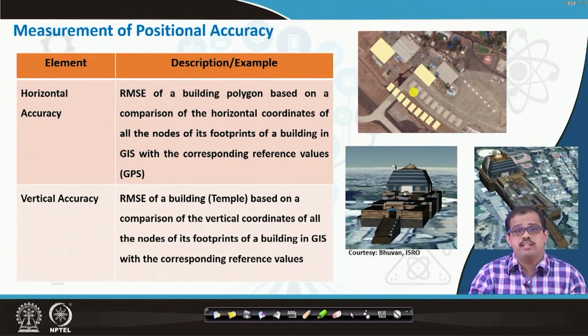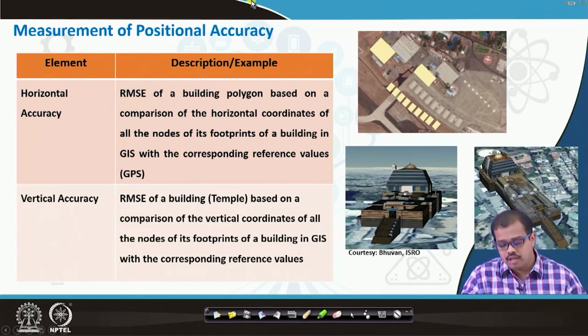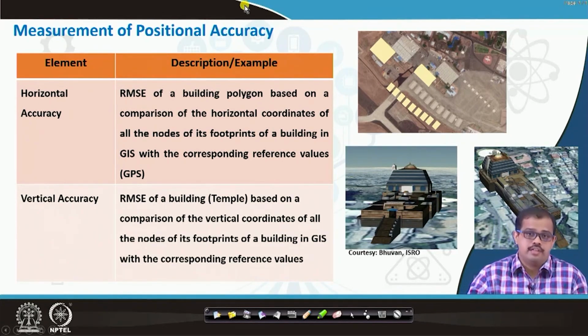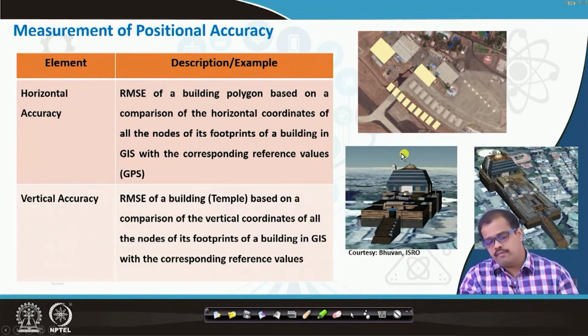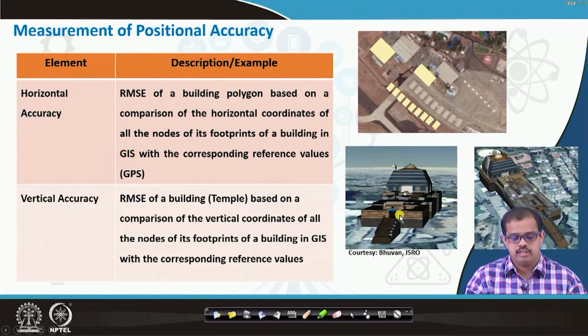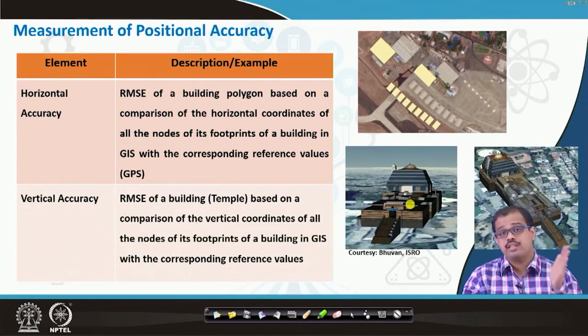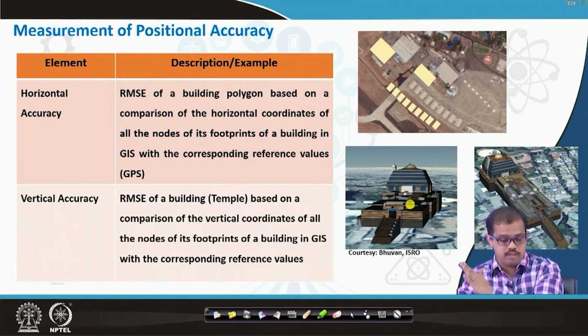Vertical accuracy, most of them may not need vertically accurate data, because most of them work on horizontal data, but when you are looking at vertical accuracy, then it is extremely important. For example, you have a building here, so when you are looking at comparison of vertical coordinates of all of the nodes of the footprints of the building in GIS with the corresponding reference values.